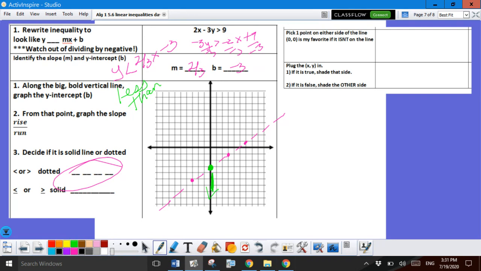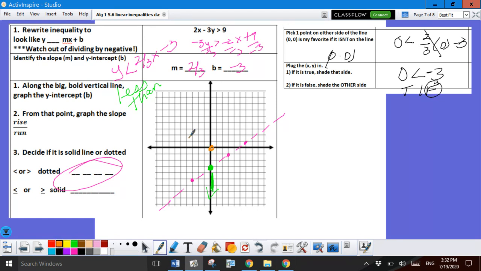So let's go ahead and test it. Again, I'm going to test 0, 0. So 0 less than 2/3 times 0 minus 3, gone. 0 less than 3. True or false? Oops, sorry, 0 is less than negative 3. That's false.